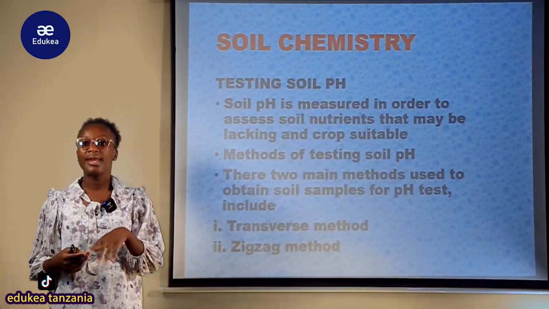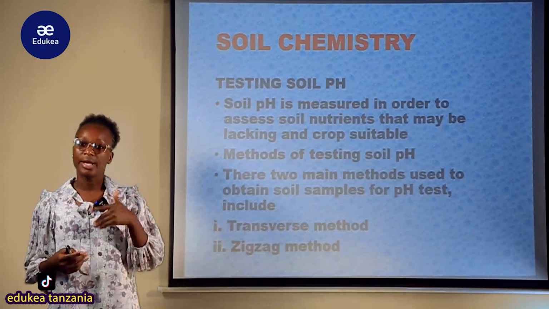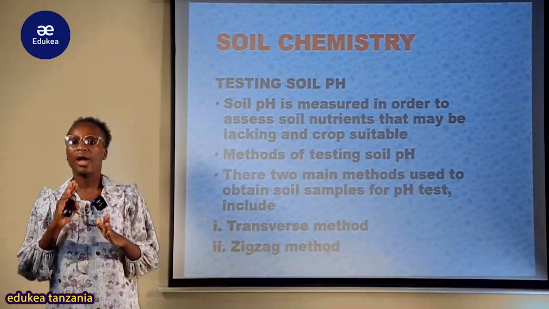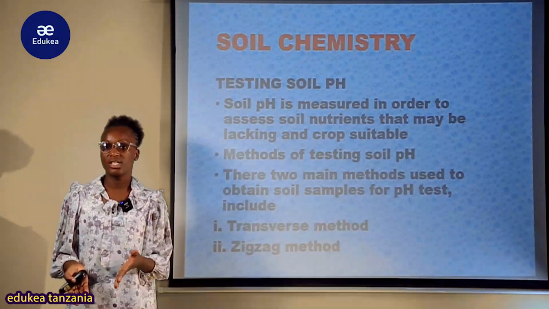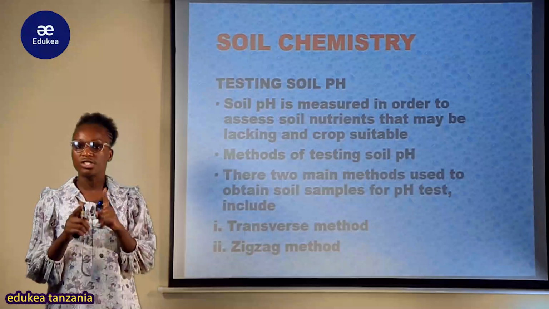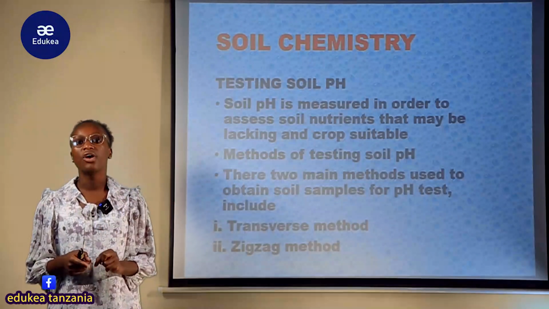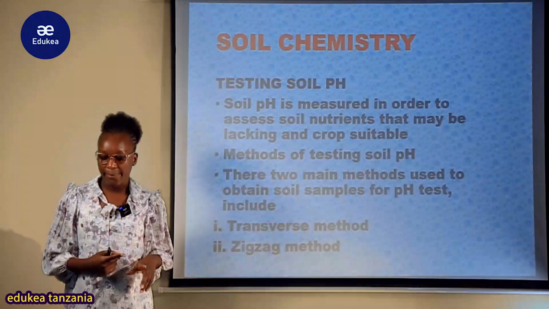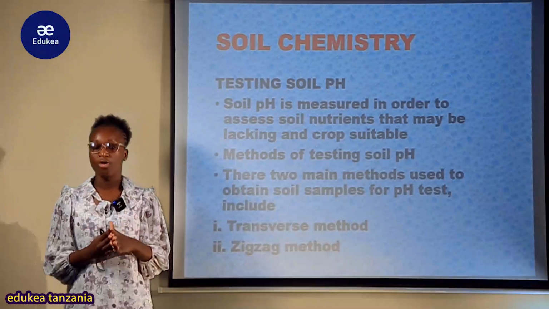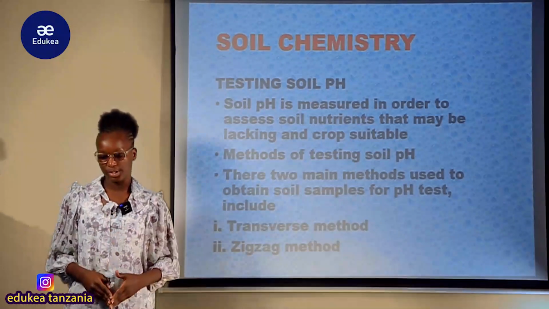Tuliongelea kuhusiana na determination of the soil reaction, kwamba tunaweza kujua kwamba the soil is of acidic nature or basic nature kwa kuconsider concentration ya hydroxyl ion and hydrogen ion present in the soil. Lakini hapa tunaenda kufanya testing of this soil pH.